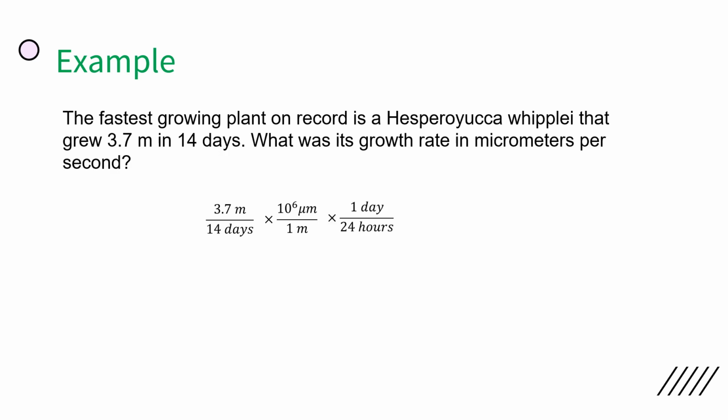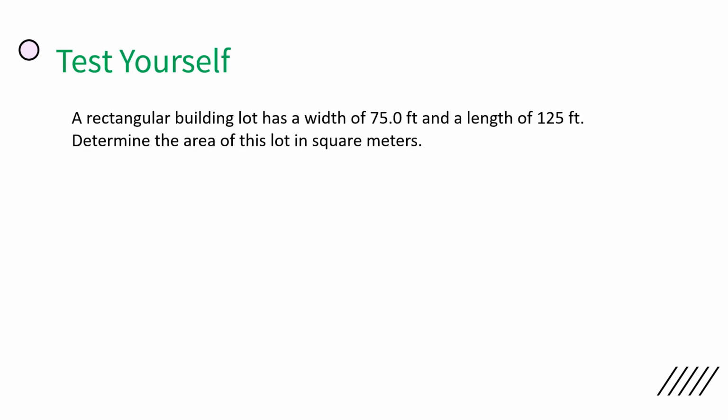And then we also note that in one day we have 24 hours, and in 1 hour we have 3,600 seconds. So multiplying this and canceling out the unnecessary units, we will obtain this value. We have 3.1 micrometers per second.